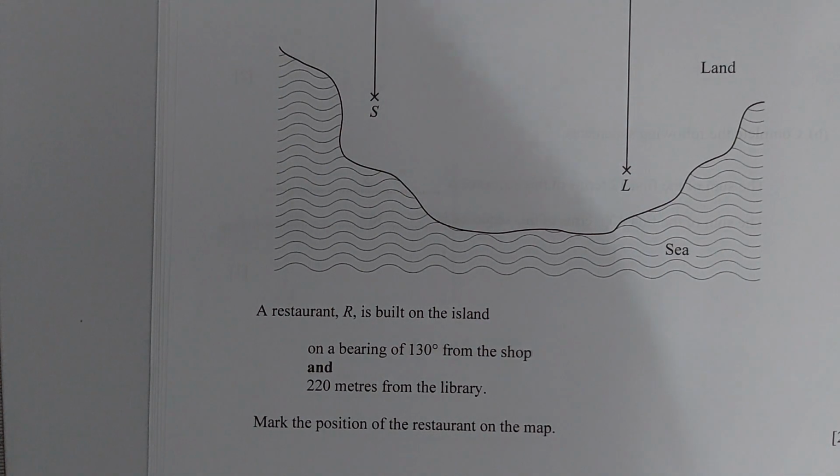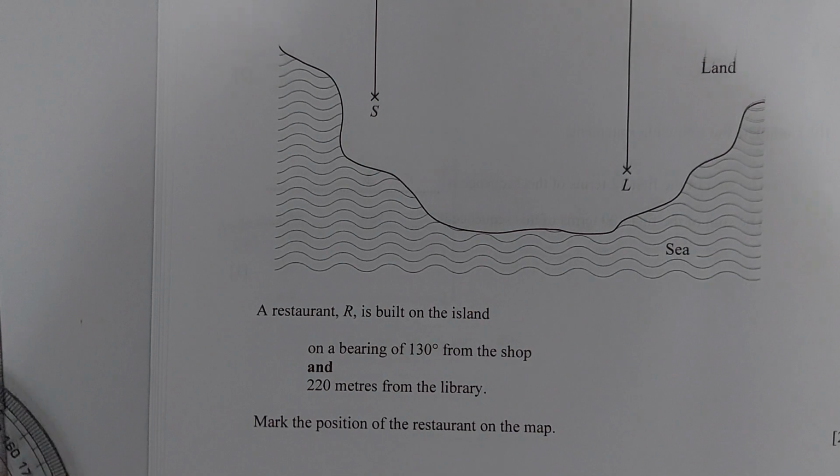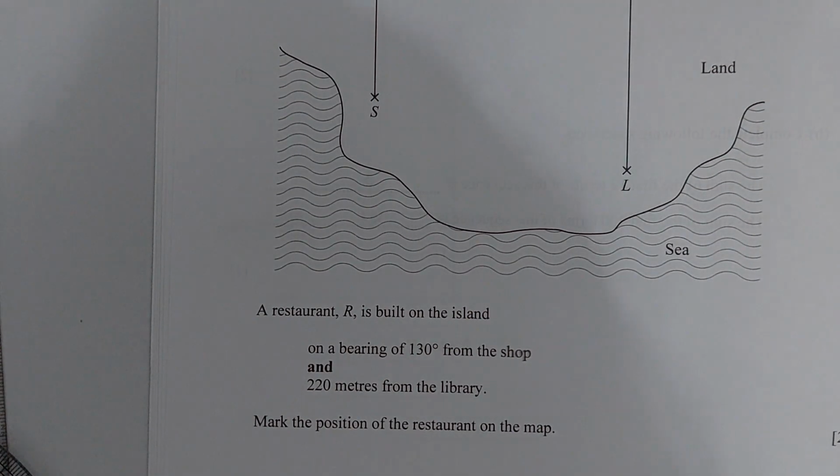A restaurant R is built on the island on the bearing of 130 degrees from the shop. Now, I need you to remember this. Bearing means that you will measure the angle from the north of the point, and then it will be clockwise. And if you deal with bearings, you need to write it in 3 digits.